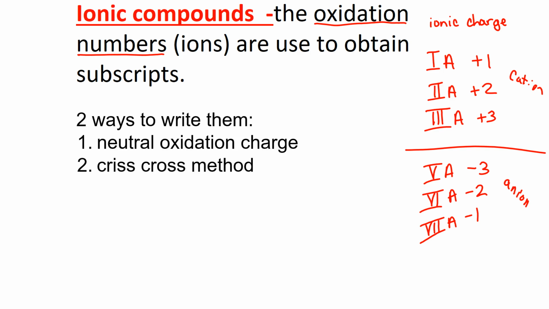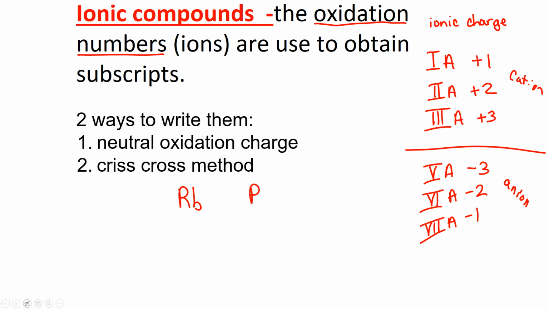So let's just pick some random elements here. I want to form a compound between rubidium and phosphorus. I'm going to show both methods: neutralizing the oxidation charge and the crisscross method. I'm going to show the crisscross method first because it's the simplest.